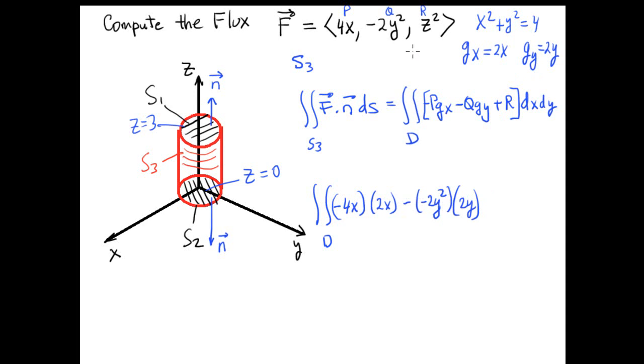I forgot to say here that gz is 0. Then r is z squared times 0.